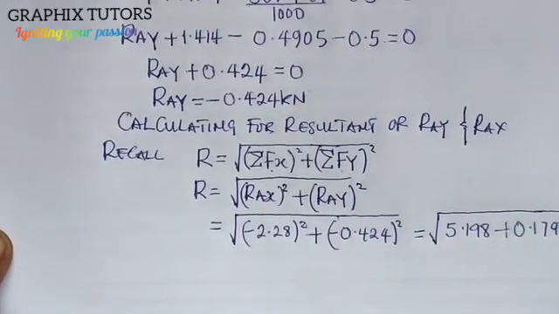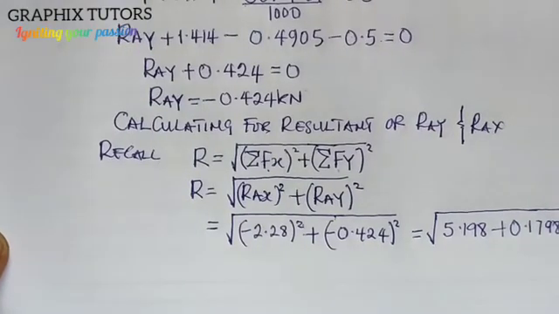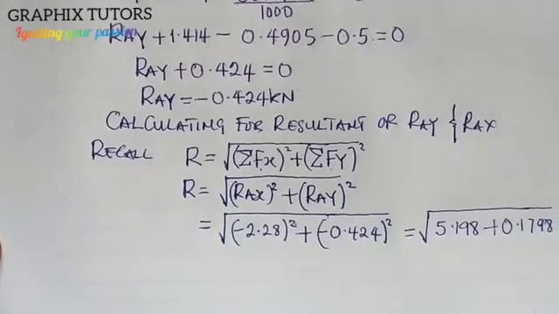Now if you add both of them, we have 5.198 plus 0.1798. That's going to give us 5.377, right?